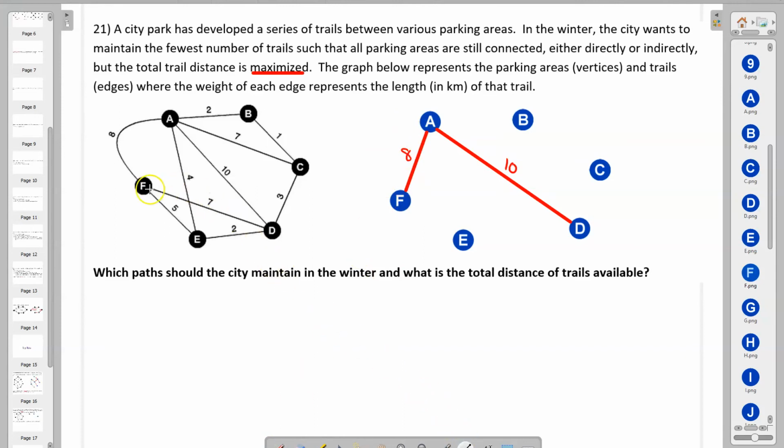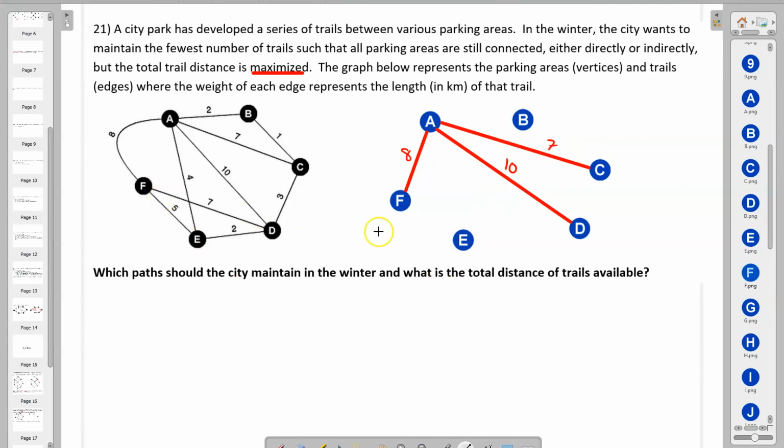After that, we've got two paths that have a weight of 7, F to D and A to C. If I add in F to D, however, I'm creating a circuit, so F to D will not be included in the graph. However, A to C does not create a circuit, so we'll add it.